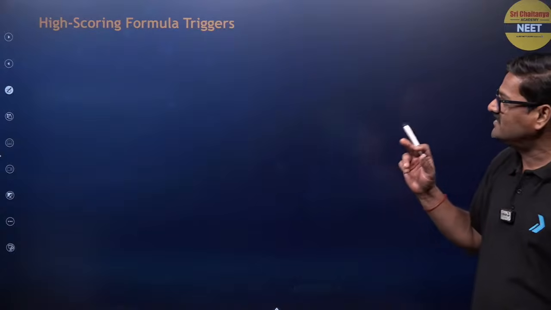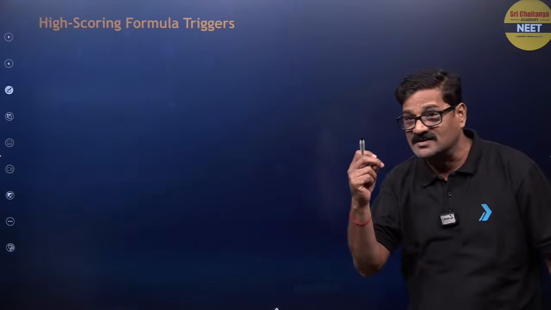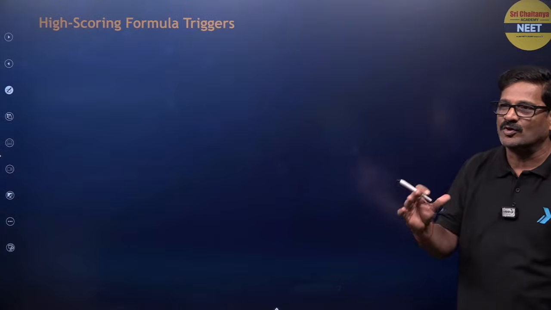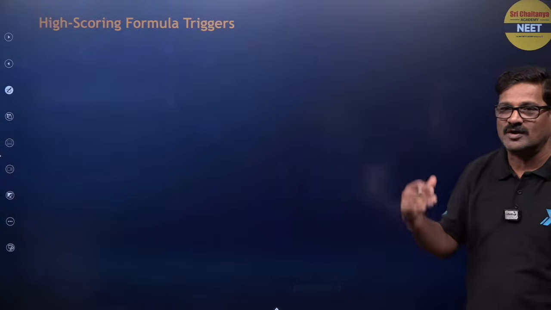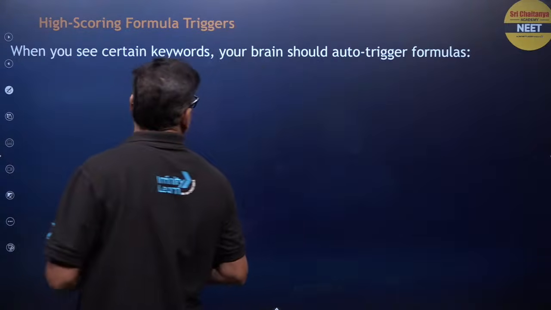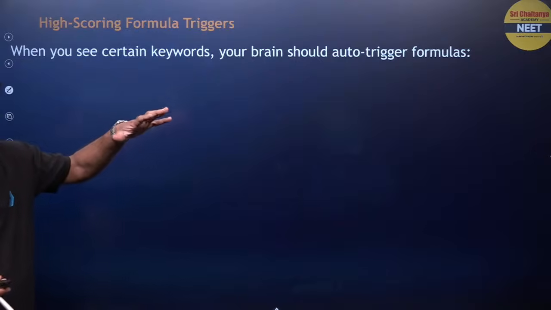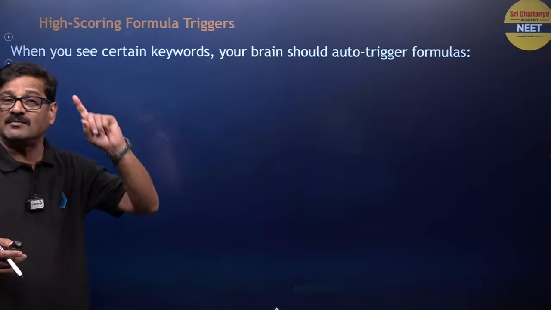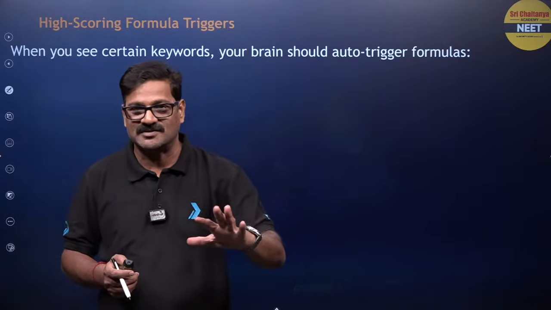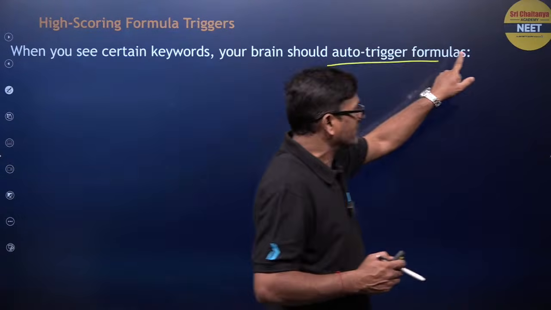And high scoring formula triggers: always such formulas that can help you drive the session forward. Where you see certain keywords, your brain should auto trigger the formula. More than a month, nearly 40 days, is there for your NEET examination. The auto triggering method should be there.